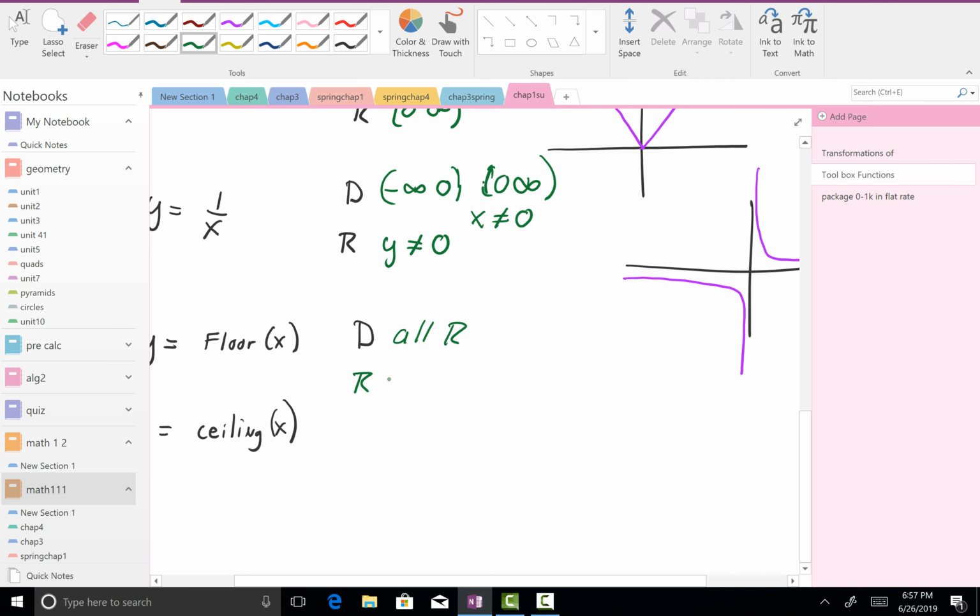So the range, we're looking at the y's. So if I just kind of go through this, I'm looking at the y's. You're right, those are definitely the whole numbers there. So what are we thinking?